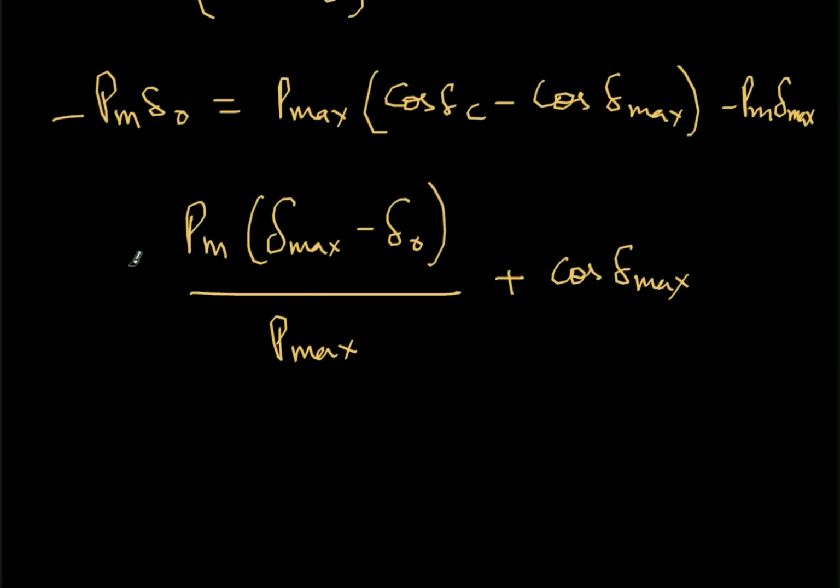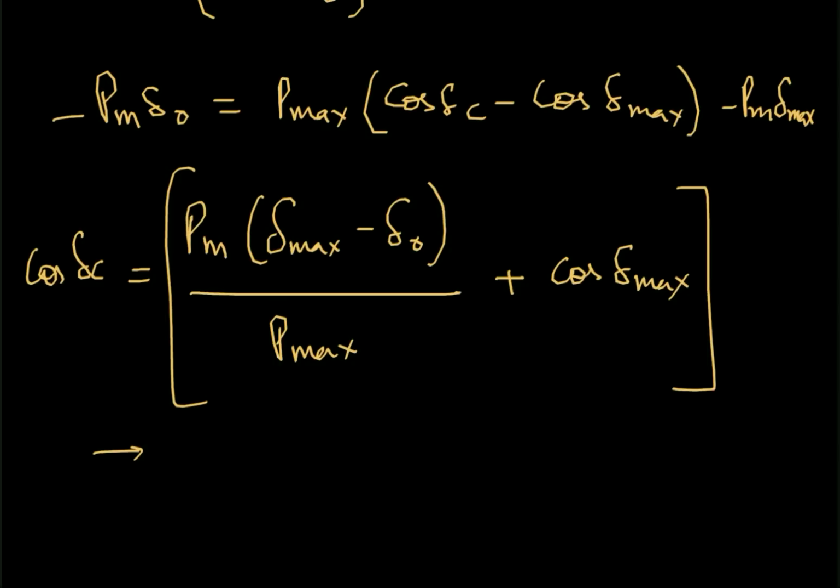All of that will be equal to cos of delta C. So everything on the right hand side is known. Just by doing this calculation, I'll be able to find out what delta C is. So finally delta C is cos inverse of all of this. So this is the formula for critical clearing angle.